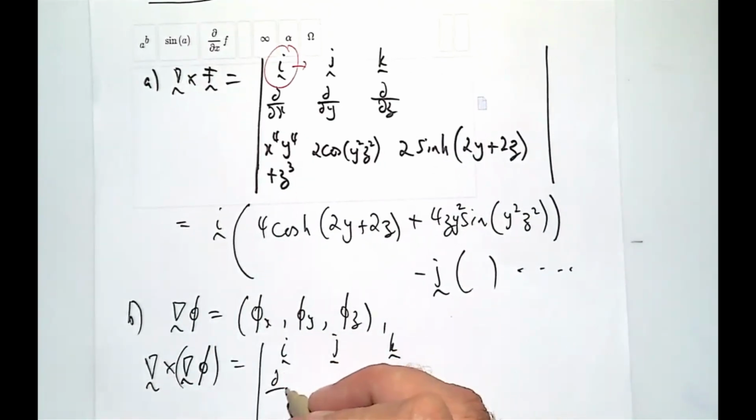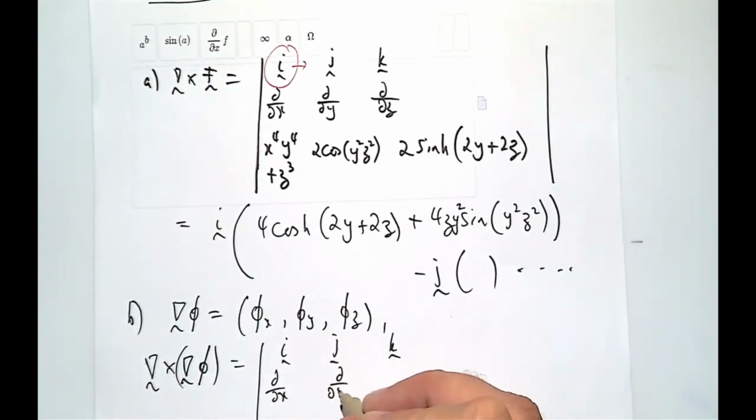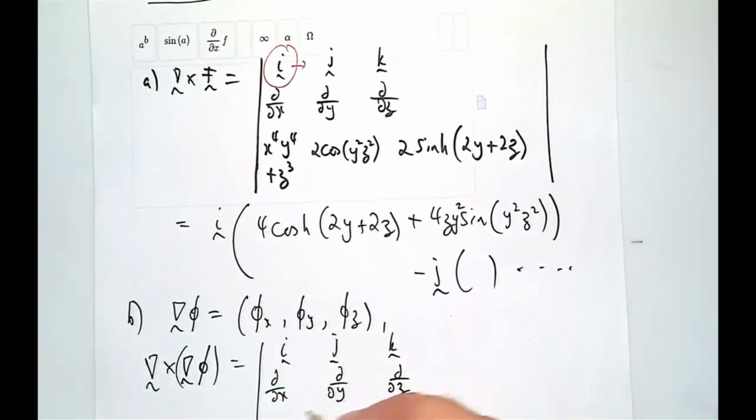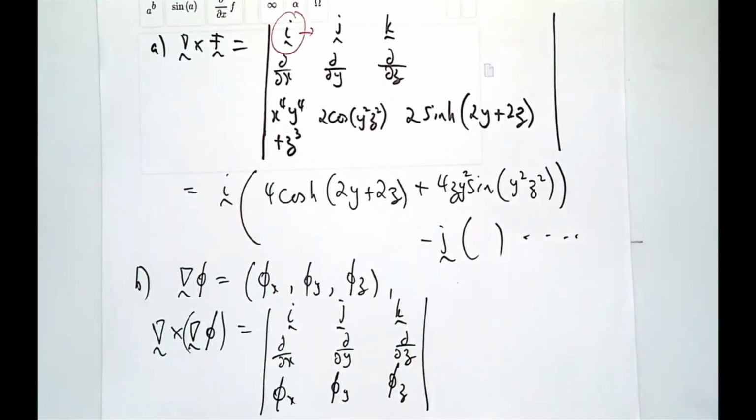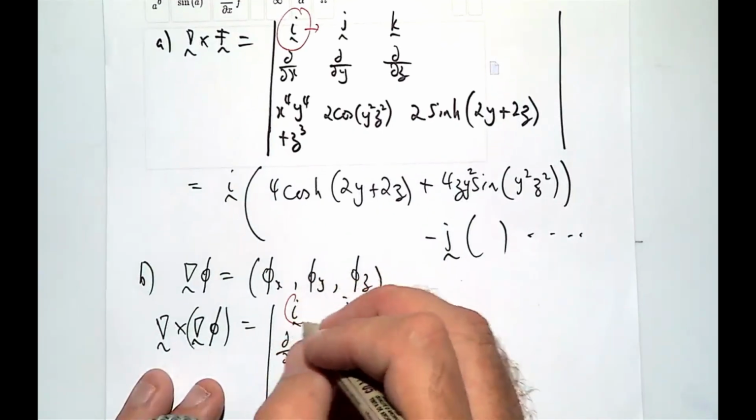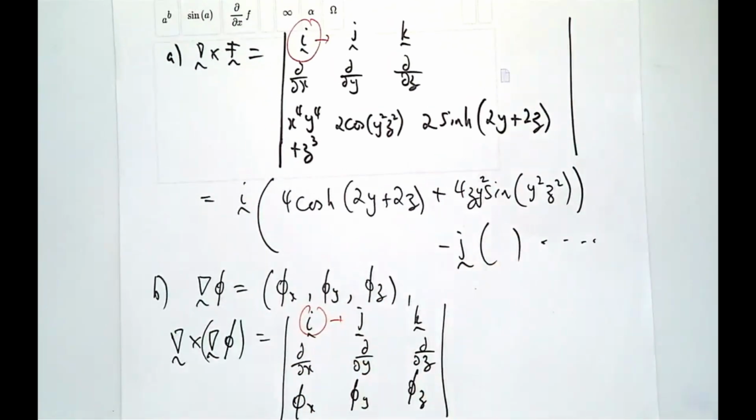Okay, so same sort of deal, start at the top and expand along the top row. So what are we going to get? On the first one, d/dy of that minus d/dz of that. What's that going to give me?